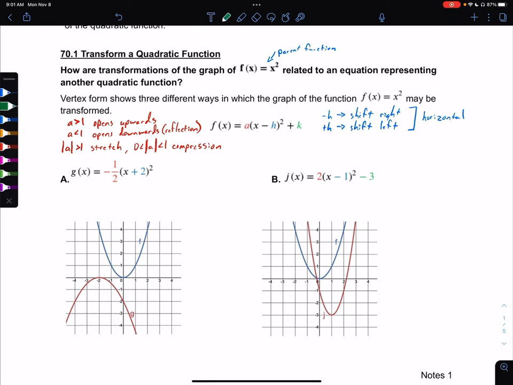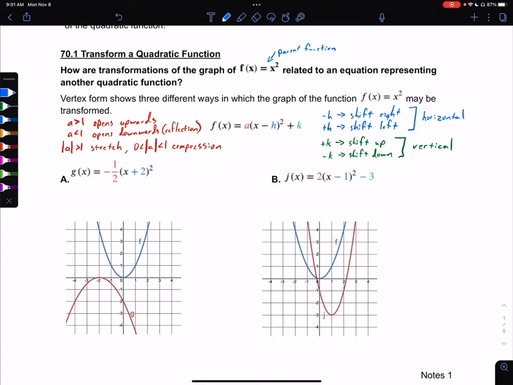The k value is probably the easiest one to figure out. If you add k, it's exactly what you would think, a shift up. And if you subtract k, it is a shift down. So these would be our vertical shifts. That's the background information, the rules that we're going to apply with vertex form.